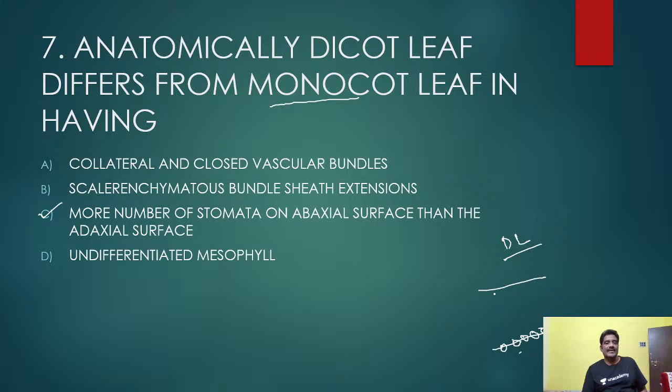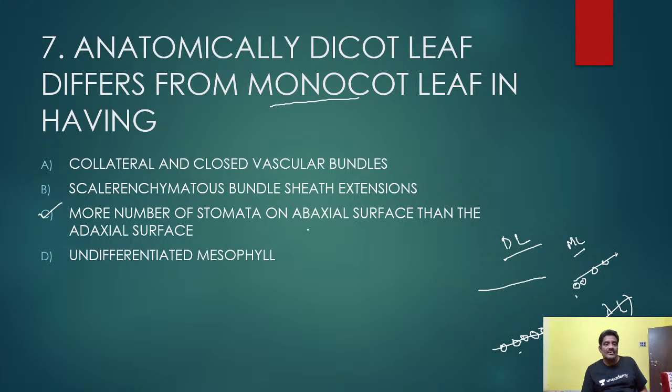But in the monocot leaf, on both surfaces, upper epidermis and lower epidermis, stomata are present. That is the difference. So in this aspect, dicot leaf is different from monocot leaf.